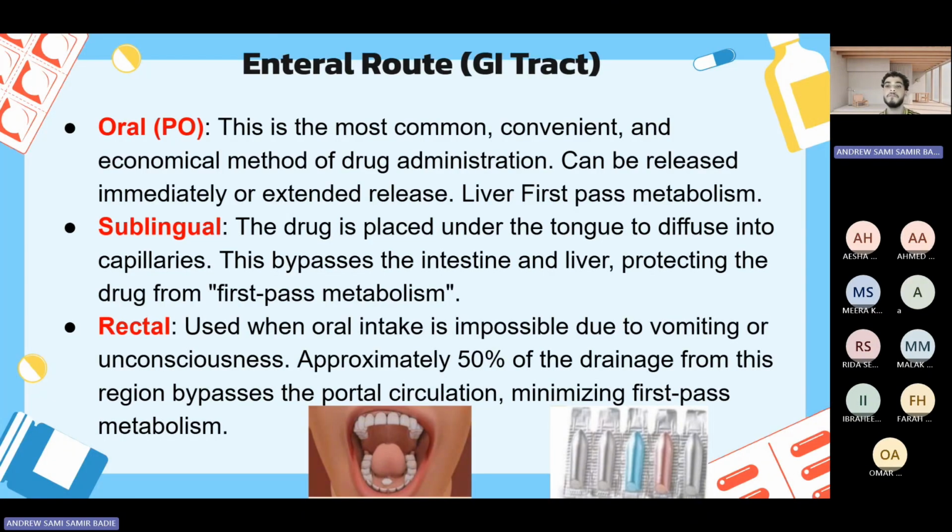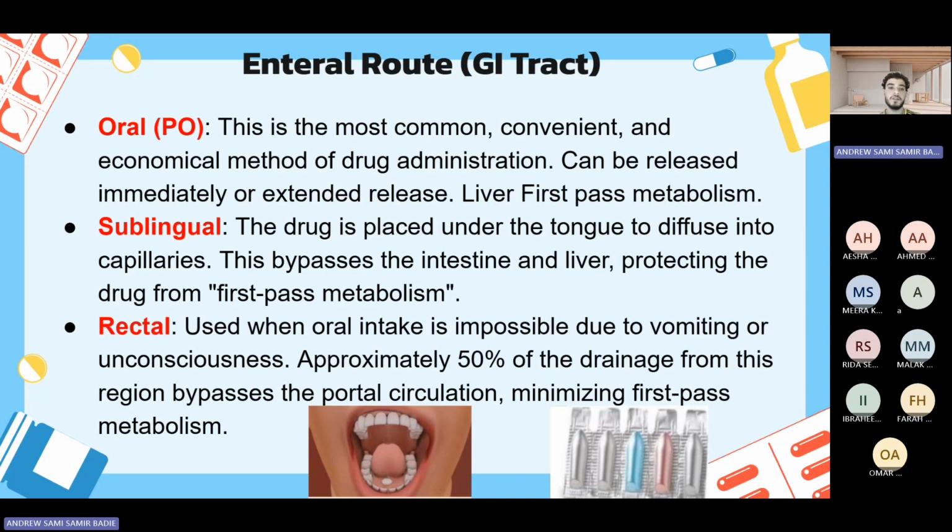The problem is liver first pass metabolism. If a drug can be metabolized by the liver and you take it orally, it can be deactivated by the liver, and the effect of the medicine will be basically gone.